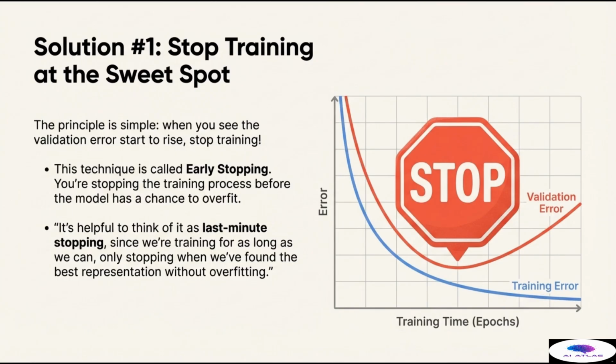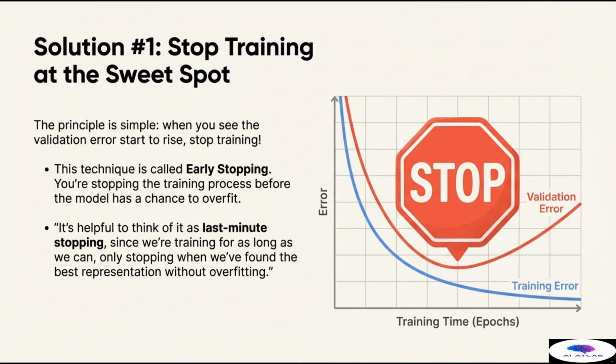As long as the error on the validation data is decreasing, the model is still finding meaningful, general patterns. The moment that validation error starts to curve upwards, it signifies that the model is now focusing its energy on memorizing the noise in the training set, causing its ability to generalize to degrade.